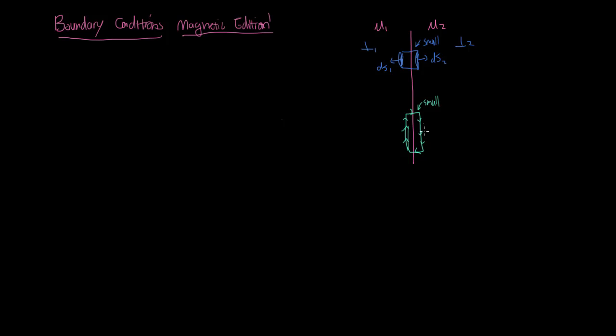So these two segments allow us to relate the tangential component of the field across the interface. So with that, let's look at what we know about magnetic field flux and magnetic field line integrals.